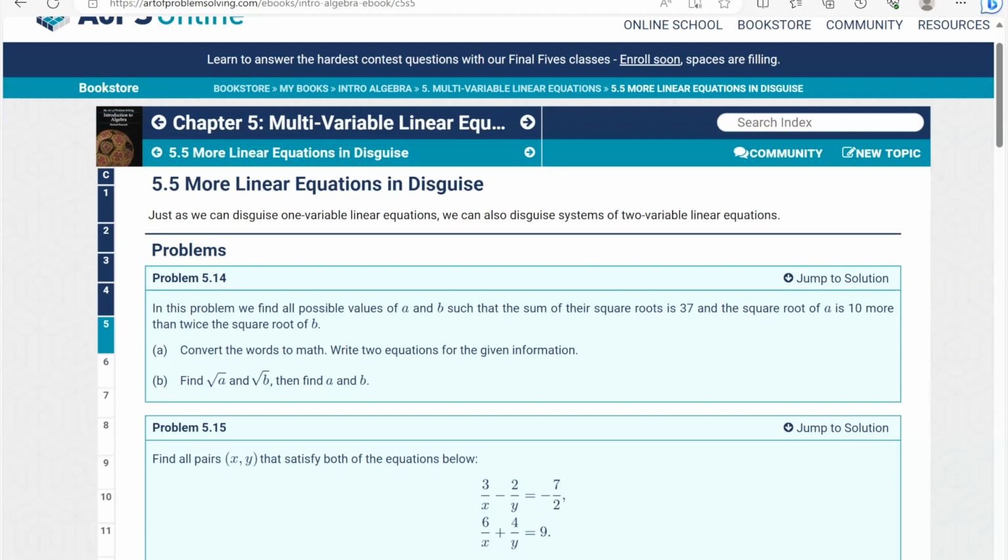Now we're going to start working with more than one variable. When we have more than one variable, just as we studied one-variable linear equations, we can also study systems of two-variable linear equations. That means two lines that, when they meet, there will be a solution.